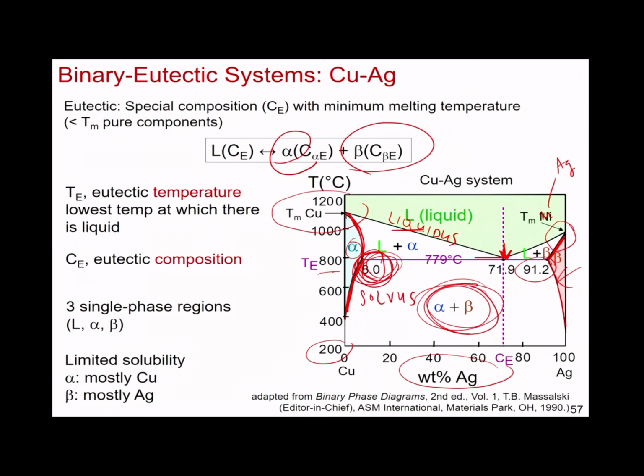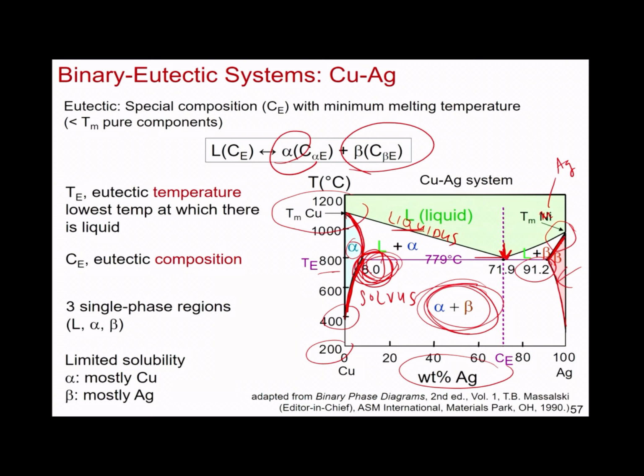Because look, already at 400, how much silver can you put into copper? I mean, you really have to zoom in. Maybe you can put in 0.000 something, but it's extremely difficult because there's limited solubility. That's what the phase diagram is telling us.